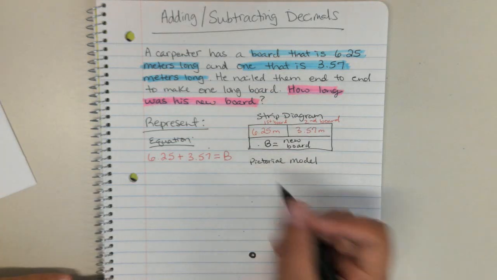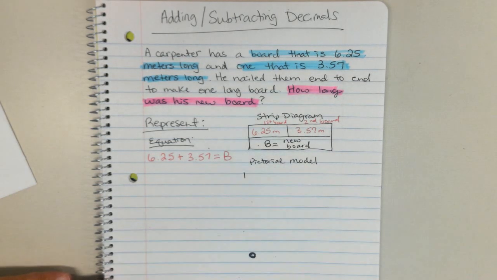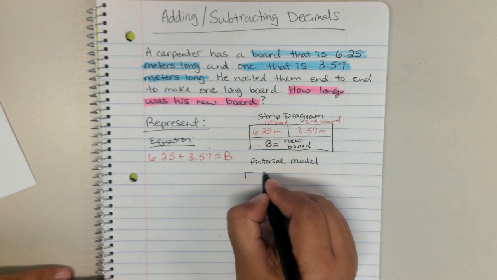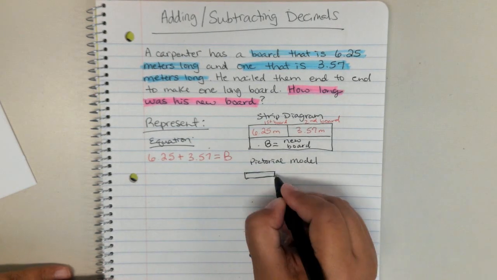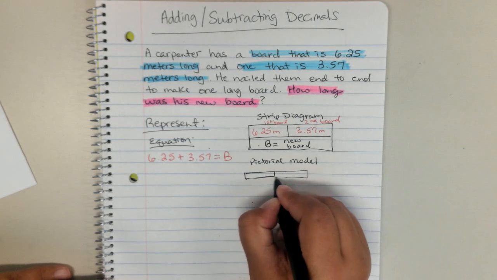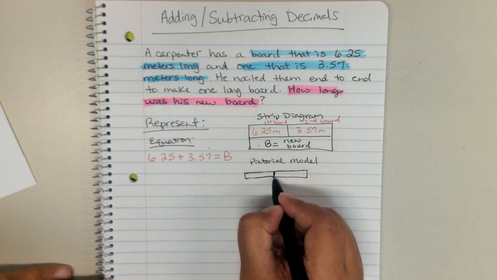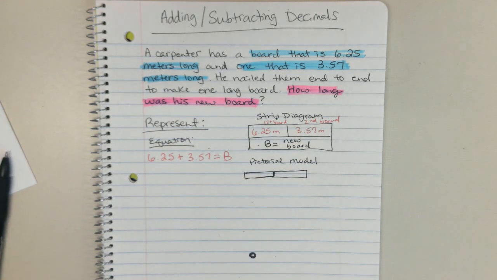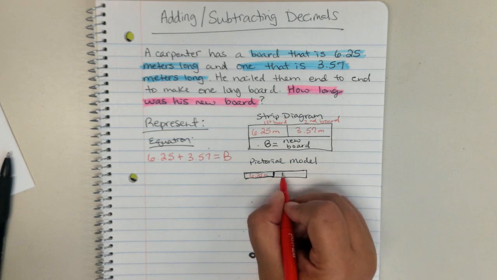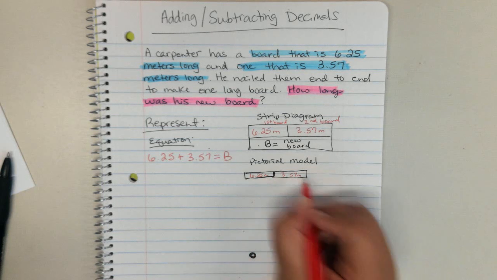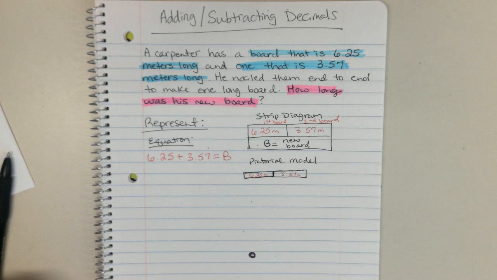One thing I could visually think about when I read this problem is that I see one board and then I see another board which is added on, and if I nail them end to end, I know they're touching one another, which is pretty much just like my strip diagram. So I have the 6 and 25 meters, and then I have the 3 and 57 meters, and I just want to know altogether what that equals.